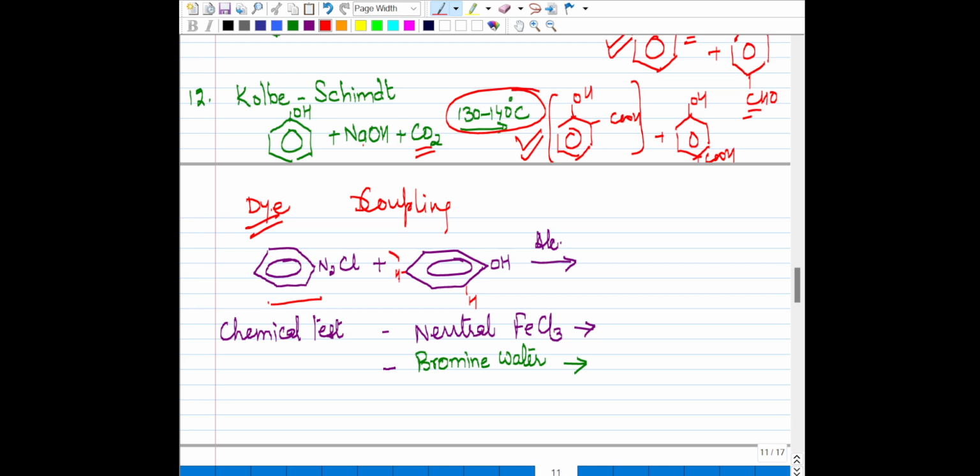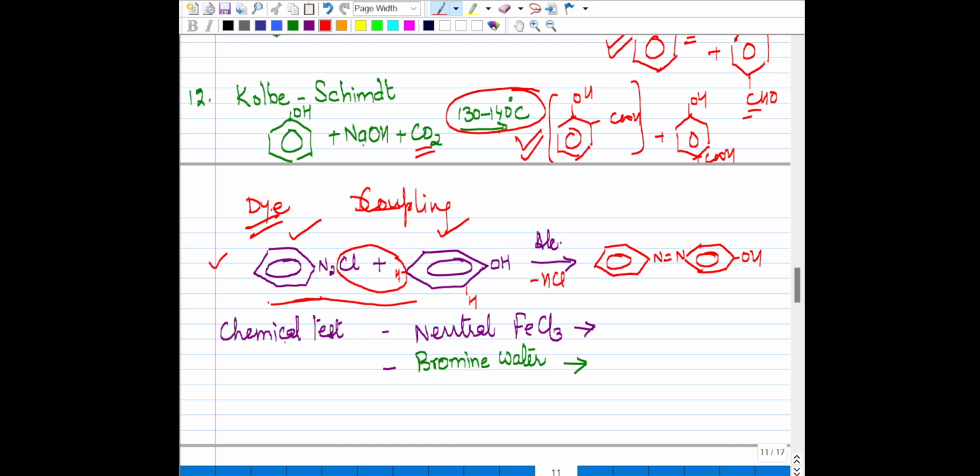So the hydrogen from the para position of phenol combines with Cl and forms HCl, and the product is a couple. There are two benzene rings, so this is known as a coupling reaction. So here N double bond N, and this is OH. Now this is a dye, and this is also used as a chemical test for identifying phenol.